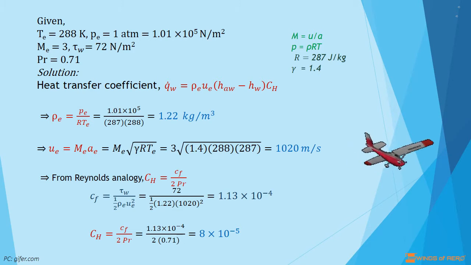Given data: the temperature of the plate TE is 288 Kelvin, the constant air pressure throughout the flow PE is 1 atmosphere, the Mach number of the upper plate ME is 3, and the shear stress at the lower wall tau W is 72 Newton per meter square. Prandtl number PR is equal to 0.71. Now the question is, what is the heat transfer to either plate?